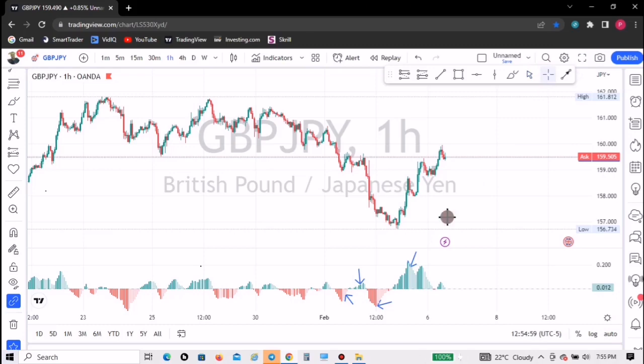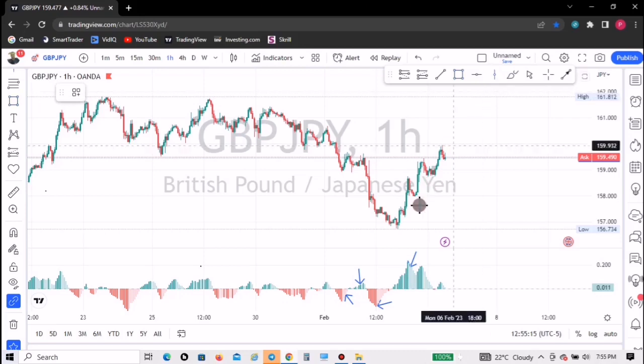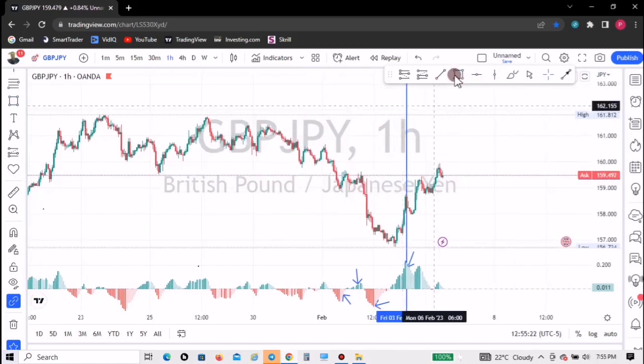So what you do is you use this cross to identify that key level on the chart. For example, right here you had this high point on the MACD and it is here. The highest point is at this region.